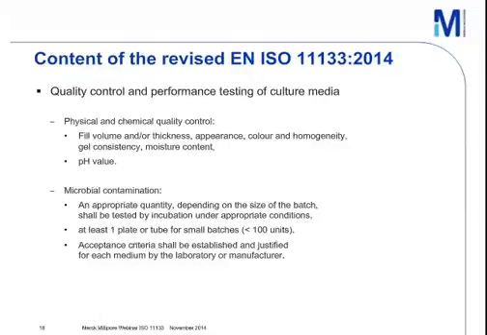An appropriate quantity, depending on the size of the batch, shall be tested by incubation under appropriate conditions. No special conditions are mentioned in this standard. It should be the appropriate conditions as for the use in practice. At least one plate or tube for small batches below 100 units should be tested. And acceptance criteria shall be established and justified for each medium by the laboratory or manufacturer.